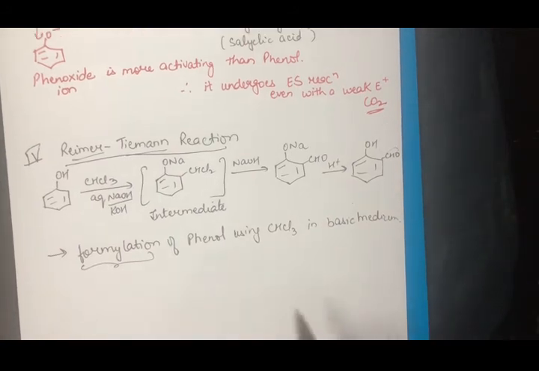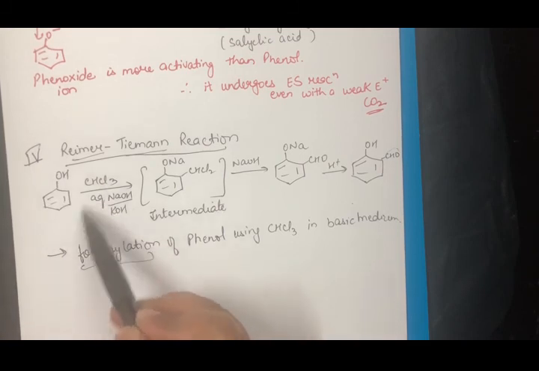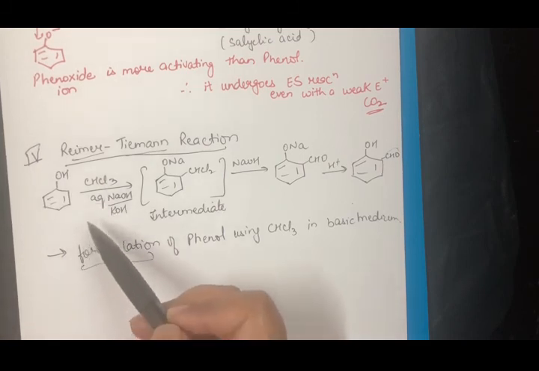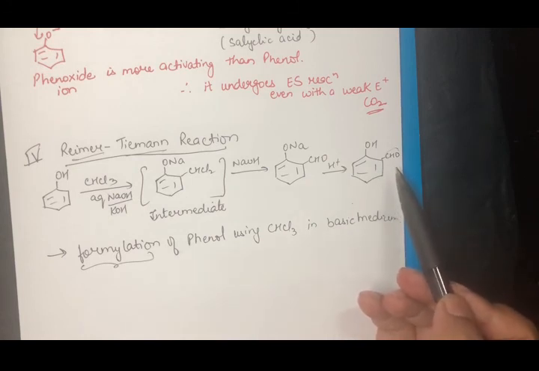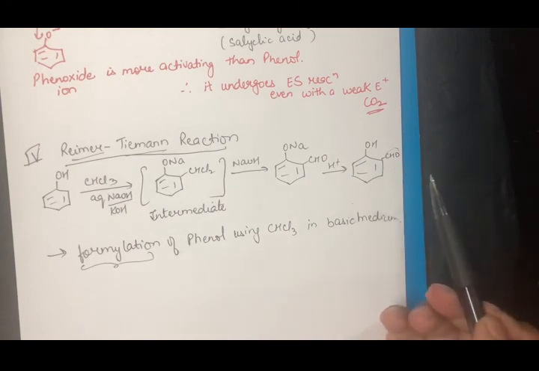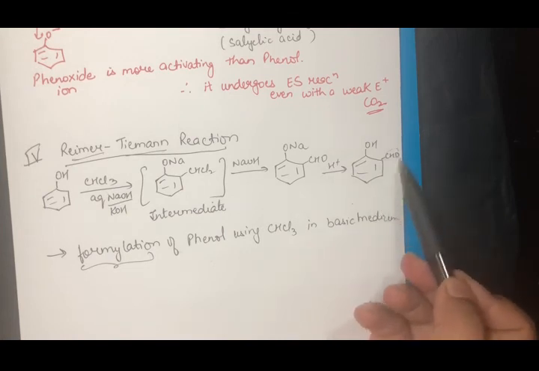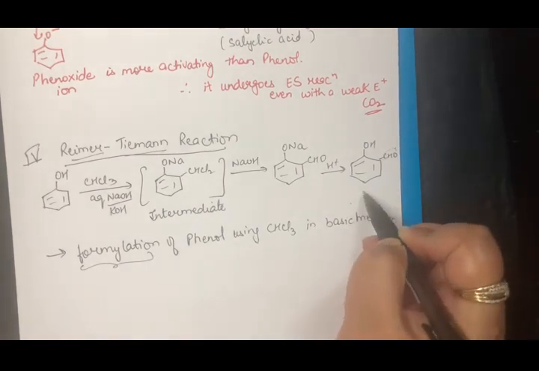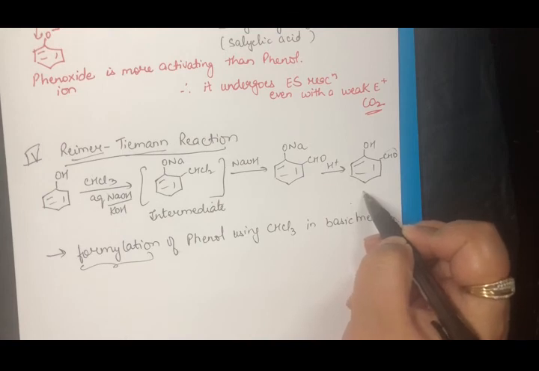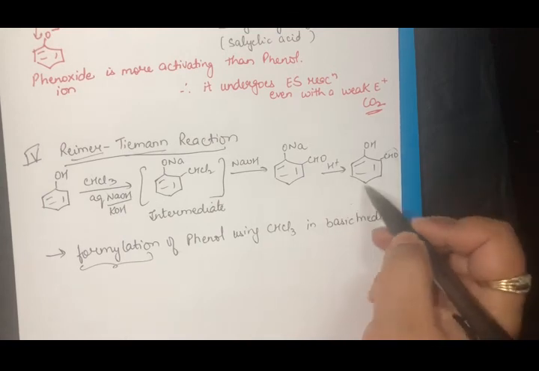Now also in this reaction, since there is aqueous medium here and again the phenoxide ion would be generated, again we have only one ortho product here, no para product is possible. So remember, whenever the reaction is going through the formation of phenoxide ion, there is ortho product as the major product. Now what is this compound called? Can you guess? This is orthohydroxybenzaldehyde.